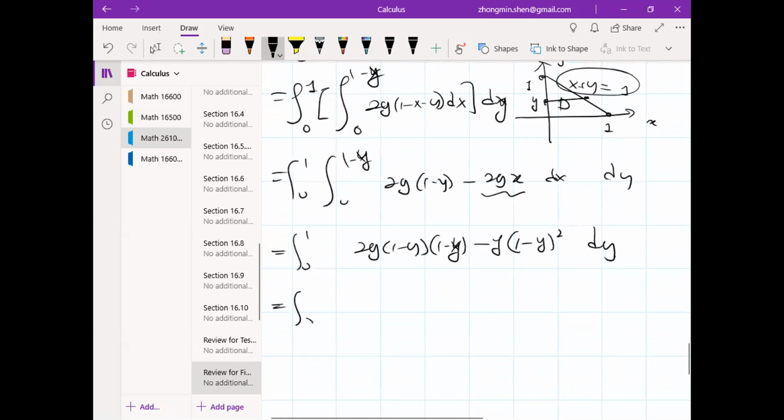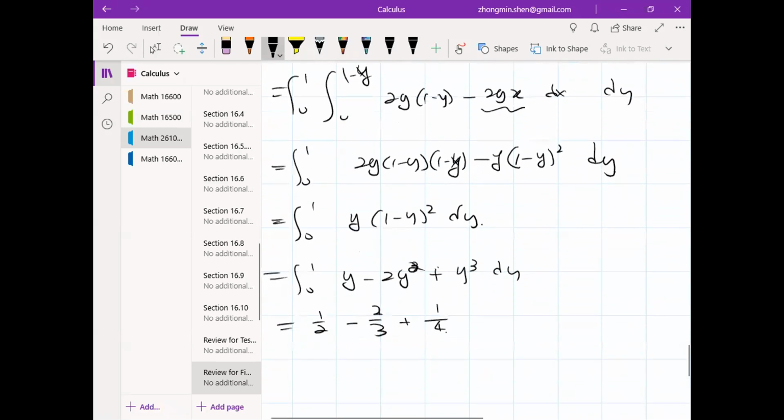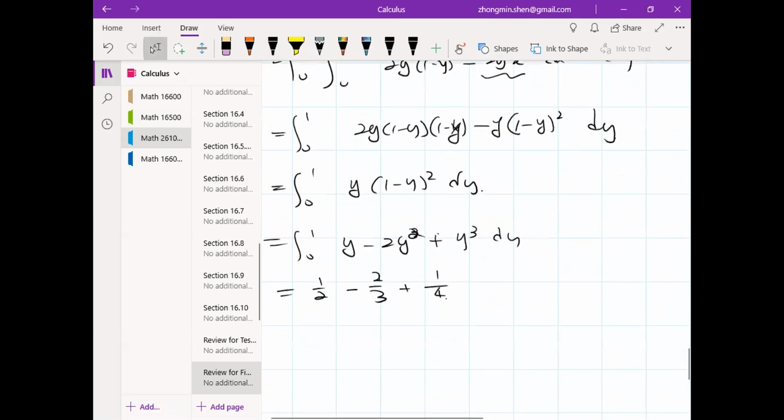So 2y, so it's just y, 1 minus y squared dy. And you continue, it's y minus 2y cubed minus 2y squared plus y cubed dy, so the entire derivative will be, and I can quickly write it down.